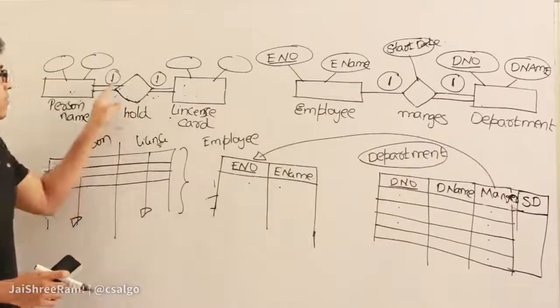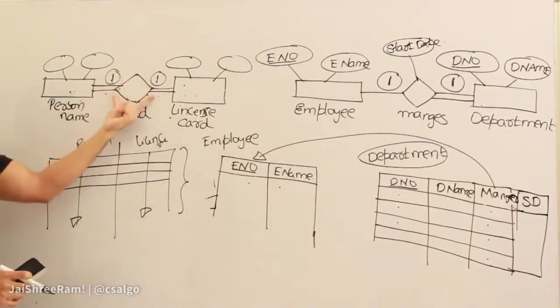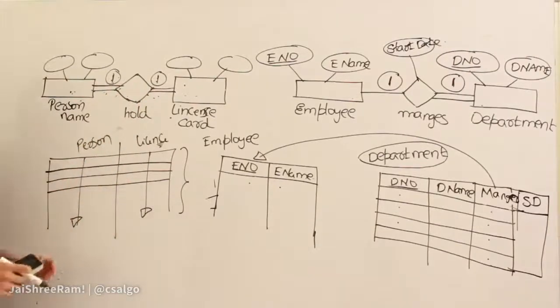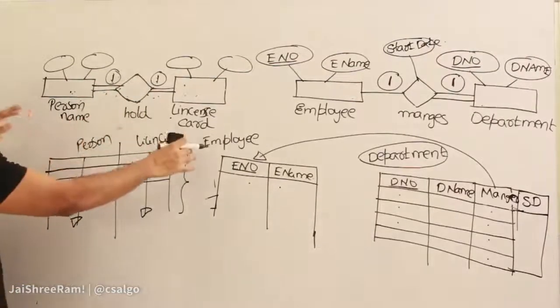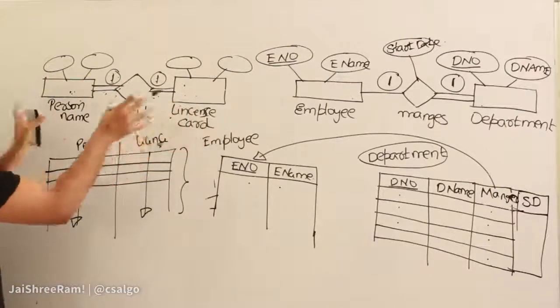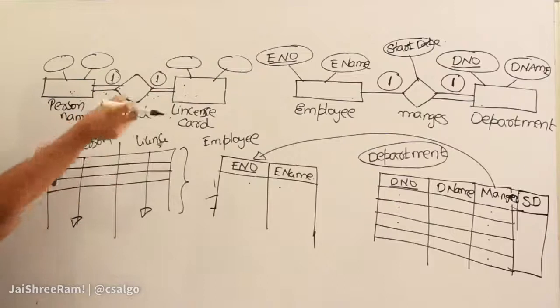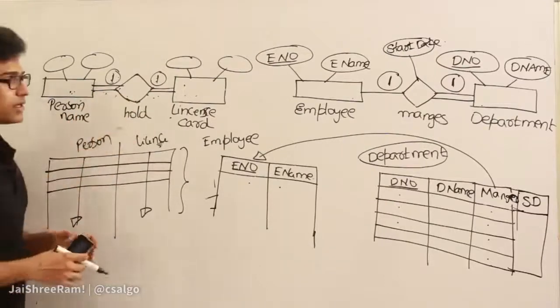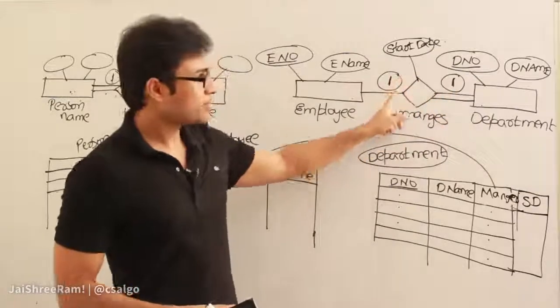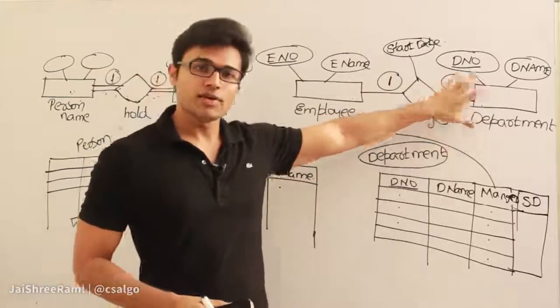So in case of one-to-one relationships, if it is total participation on both the sides, better you combine both the tables, right? Because here the total number of tuples on this side and this side are equal, and there is actually a one-to-one mapping, so you can easily combine them. But here in case of a one-to-one relation, if the total participation is only on one side, you modify that side.